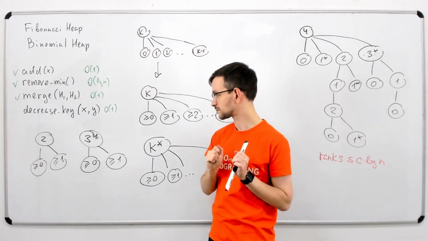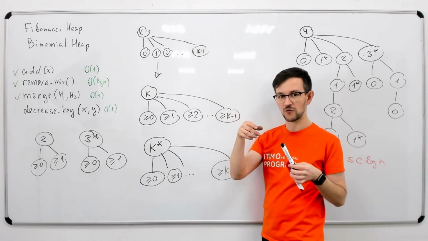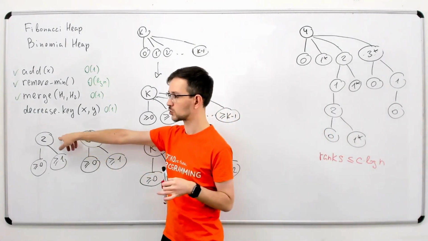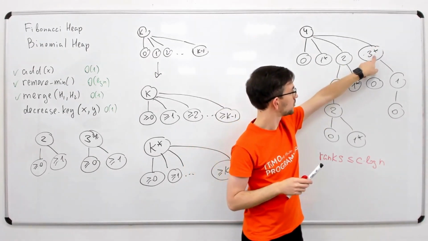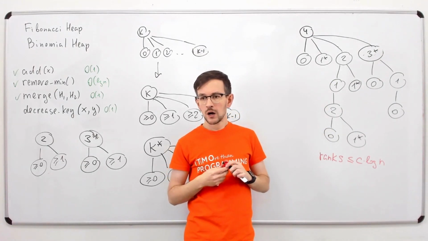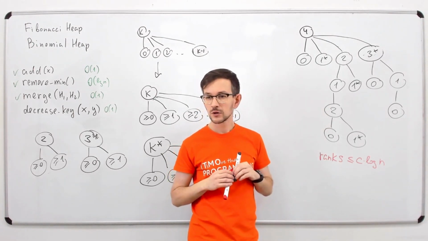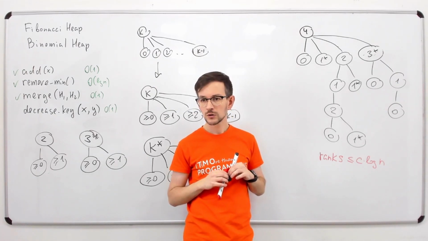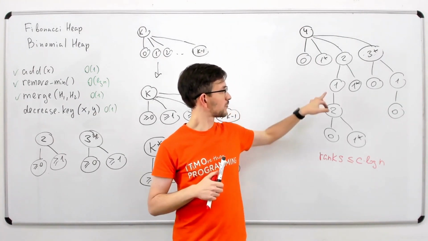Good enough. So when you remove one child from the tree of rank 3, you get a tree of rank 3 with asterisk. It's not the same as a tree of rank 2, because you cannot put a tree of rank 2 here. But you can put a tree of rank 3 here. Why not? Here we have a node of rank 1.